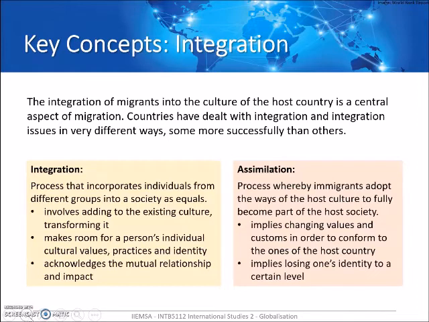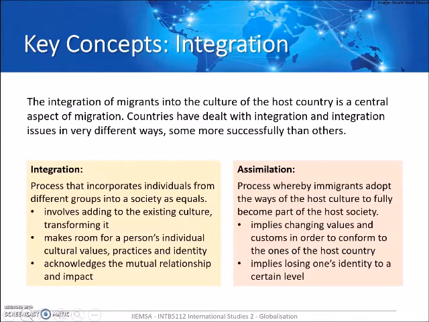You can almost imagine it as a process where both sides open up to each other a bit, and where the population in the host country is willing to accept a certain level of diversity because of migration, and also willing to integrate people who are different, right?